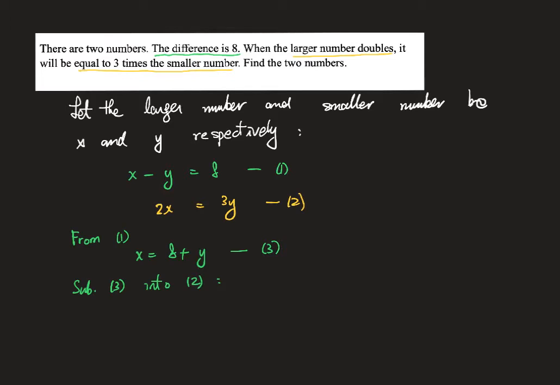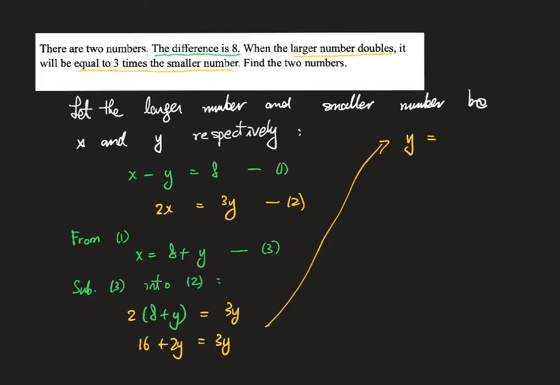Then we have 2 times (8 plus y) equals 3y, 16 plus 2y equals 3y, and then y equals 16. Next, I need to find the value of x by substituting y equals 16 into equation 3. So x equals 8 plus 16, which is 24.